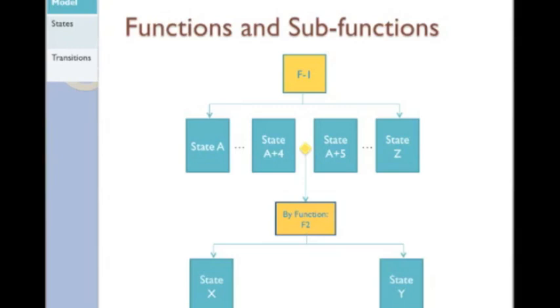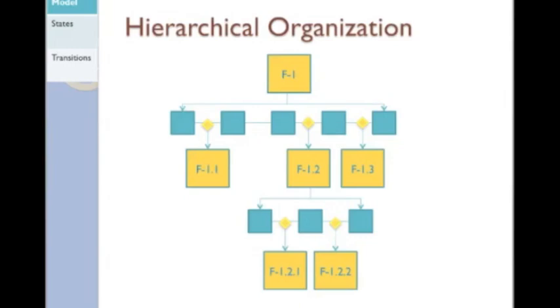Note, we need not call the subfunction states by the same name, but we should be able to map the beginning and objective states of the subfunction to the states in f1 that the subfunction explains. We say that SBF models are hierarchically organized because a function can have subfunctions that help explain it.